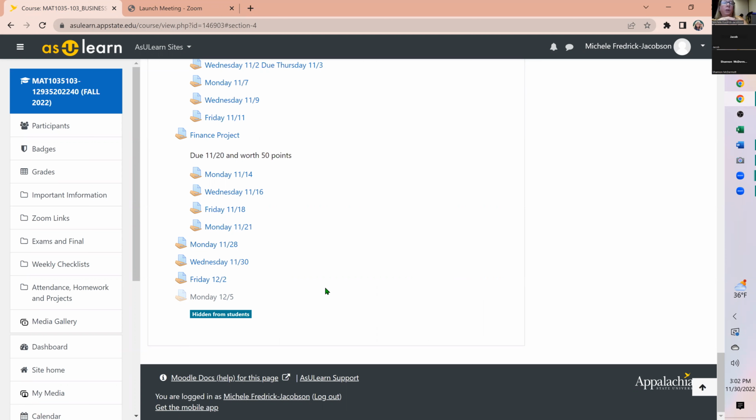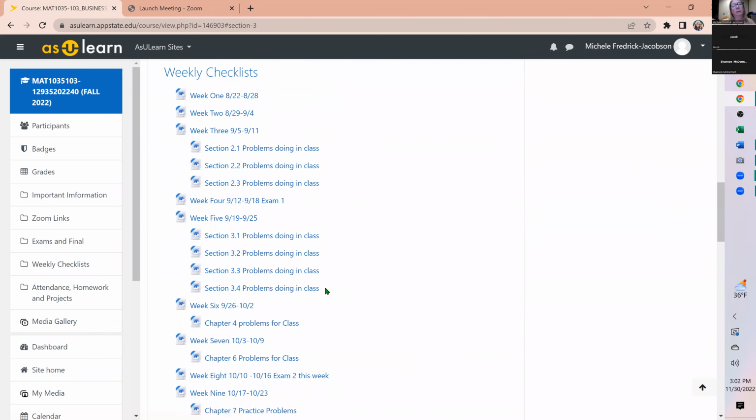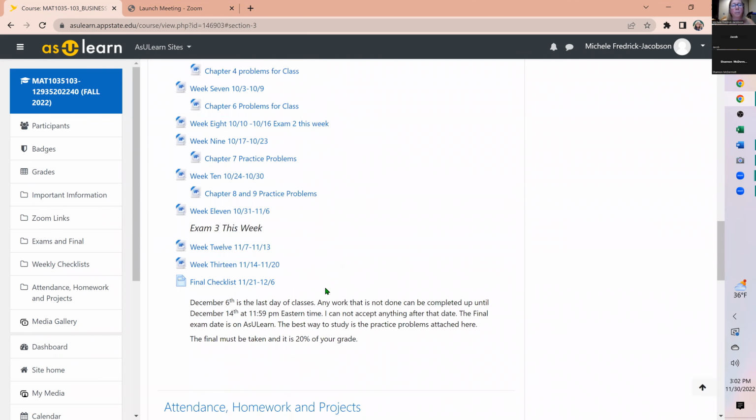If you don't have it done or you want to improve, you have until, I think it's at the weekly checklist, December 14th. Any material that's not done, you can complete until December 14th. Cannot take anything after that. Final has to be taken, and it's 20% of your grade.